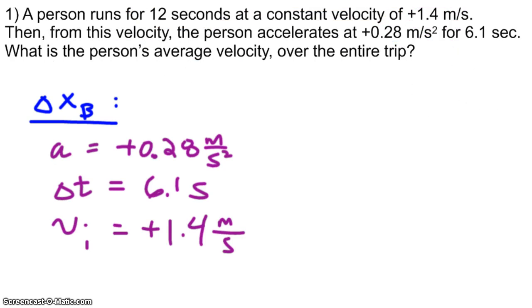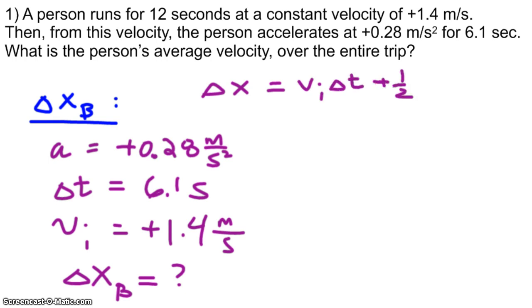What do we need to find? We're looking for the displacement during this portion, which we're calling delta xb. So you choose the equation with those 4 things. It's this one: delta x equals v initial times delta t plus 1/2 a times the time squared.